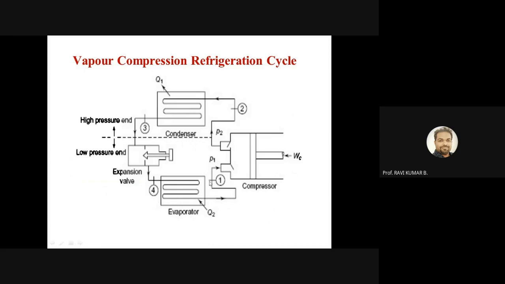If you take the enthalpy difference between 1 and 4, that will determine how much cooling you create. So these are the four components and four processes, which we can define as 1-2, 2-3, 3-4.